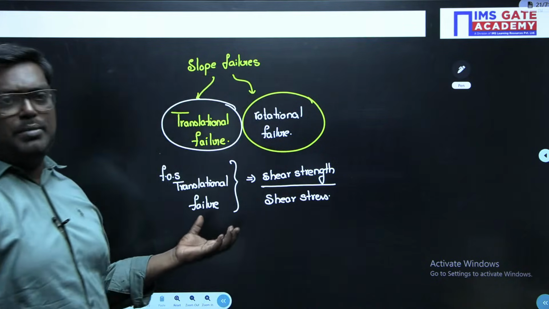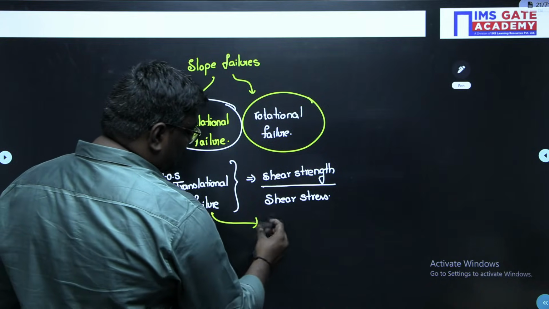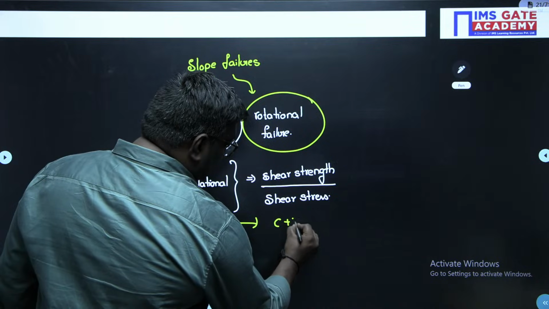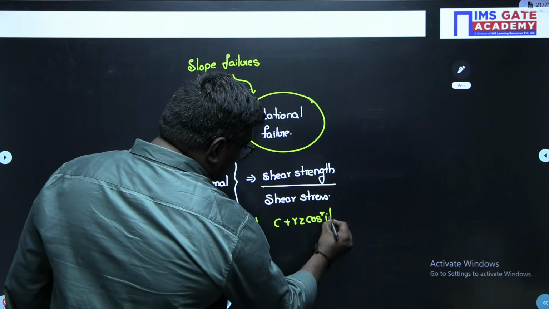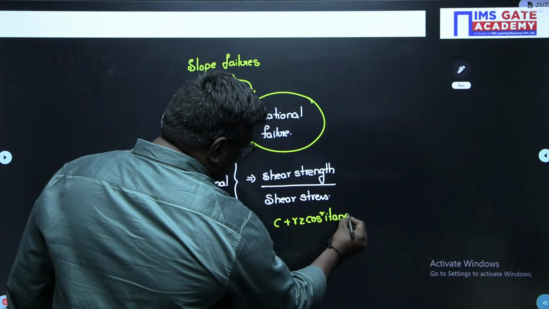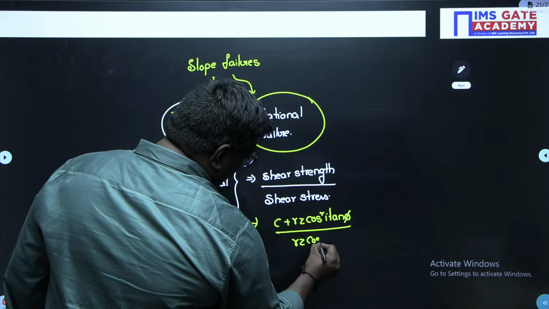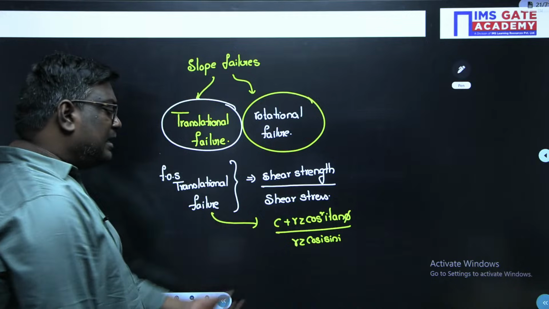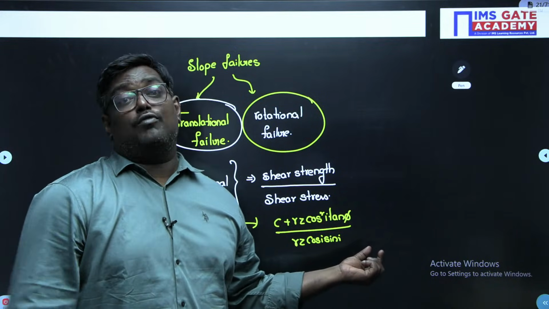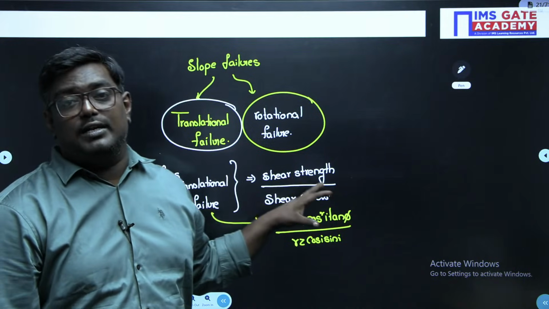So if you remember this formula, the factor of safety for translational failure is given by C plus gamma z cos square i tan phi upon gamma z cos i sin i, where i is the angle of the infinite slope. Usually translational failure occurs in infinite slopes.